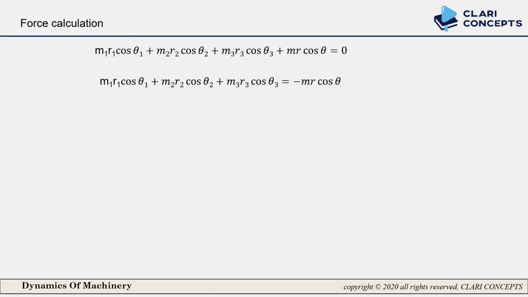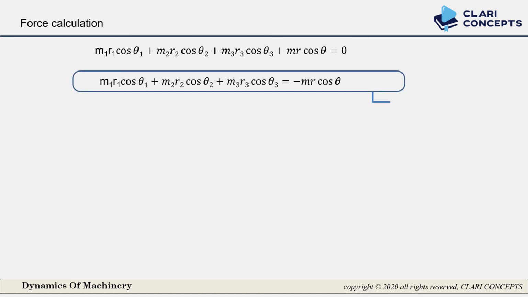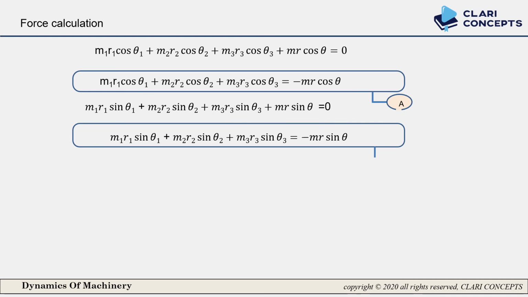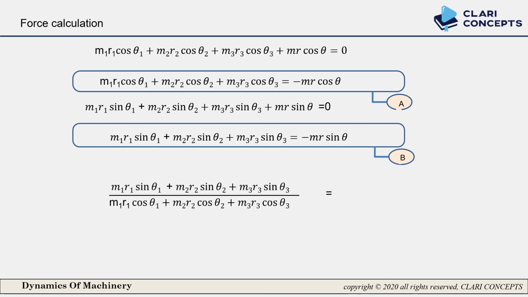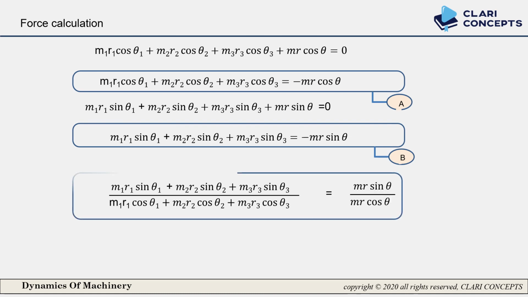But here m r cos theta is unknown, so move this term to the opposite side of the equal sign and name this equation A. Do the same for the sine component of force and name that equation B. Take the ratio of equation B by A, so that on the left side you get some value and on the right side you get tan theta, where m r cancels out. By taking the inverse tan, you will get the value of theta.